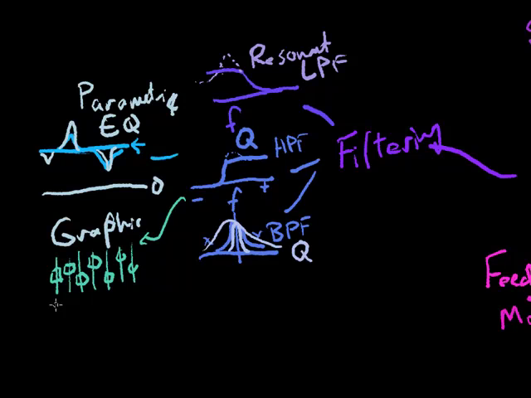By adjusting those sliders you can either boost or cut any particular frequency band. It's a different way of working compared to a parametric equalizer, and with a graphic equalizer, typically you can't control the Q or the bandwidth.